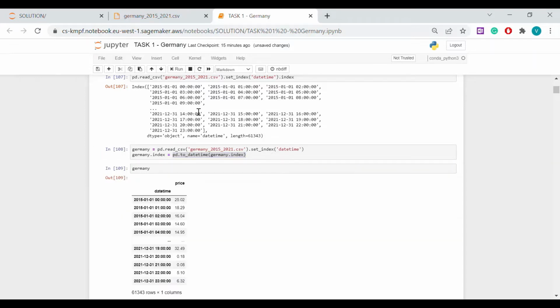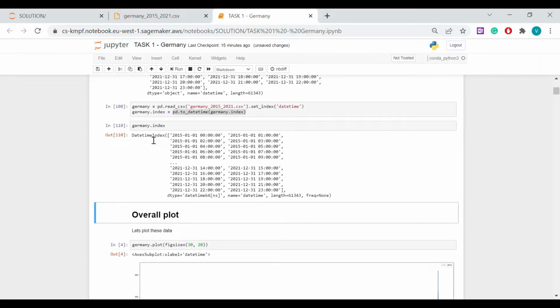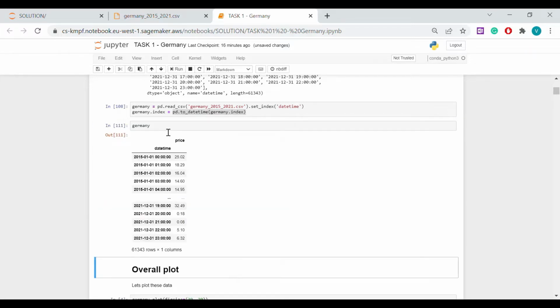After doing this, we again have the same form of the data frame, but now our index is a datetime index with a datetime data type. So our data frame of our initial data is now ready to be analyzed.